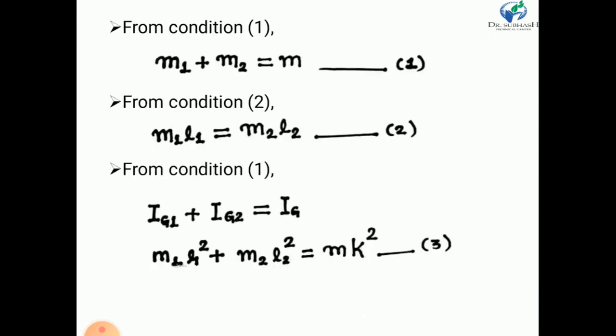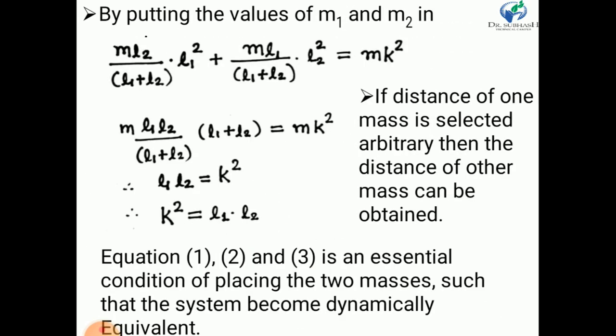So this is our equation number 3. Here we put the value of m1 and m2. So we get m l2 upon bracket l1 plus l2 into l1 square plus m l1 upon bracket l1 plus l2 into l2 square is equal to mk square.